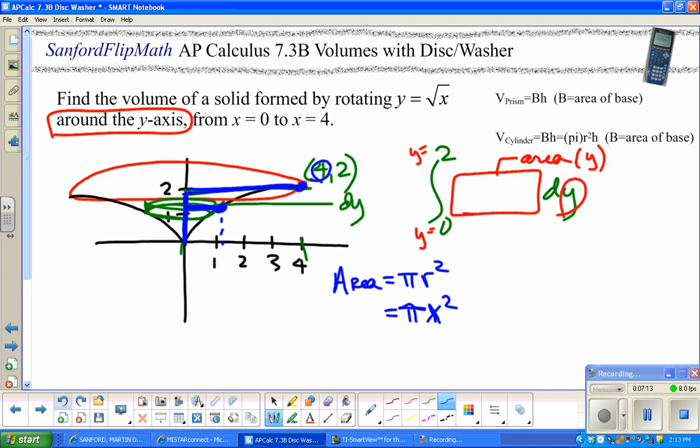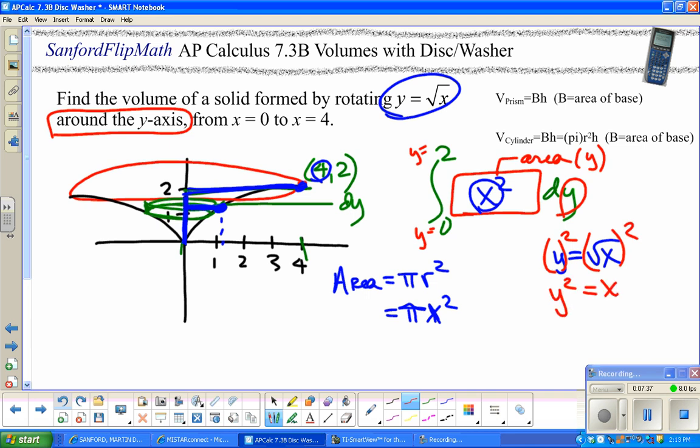So that's great, except this is supposed to be about y. So what I need to do is take this equation and write it about y, so I can replace x. Right now it says y equals the square root of x, and if I square both sides, x equals y squared.